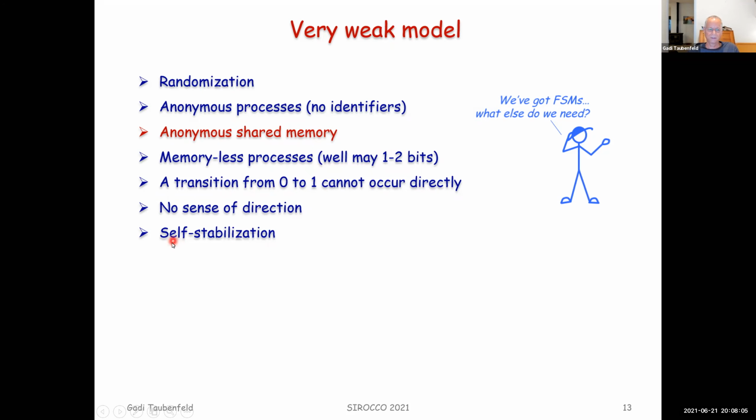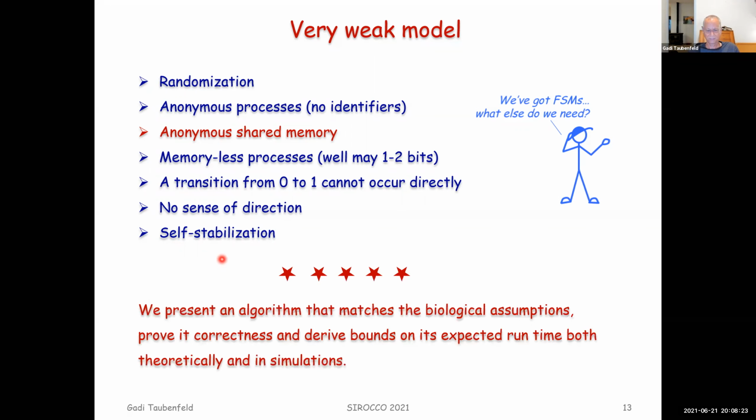Actually, the algorithms that I'm going to mention, with a tiny change that we describe in the paper, can be made self-stabilizing. Okay, so this is a very weak model, and this is one of the interesting parts in this paper, in my opinion. So what we do in the paper, we present an algorithm that matches the biological assumptions, prove its correctness, and derive bounds on its expected runtime, both theoretically and in simulations.